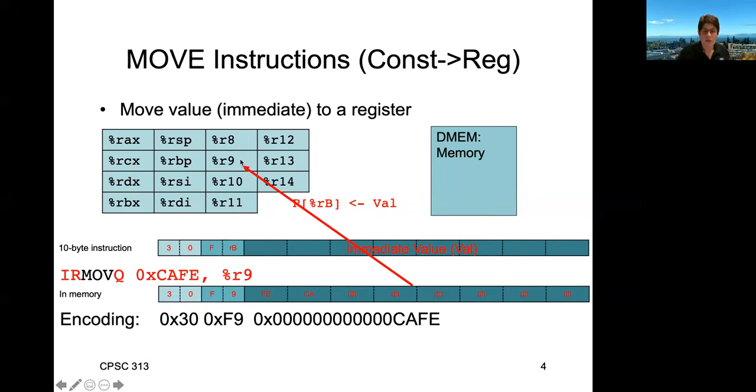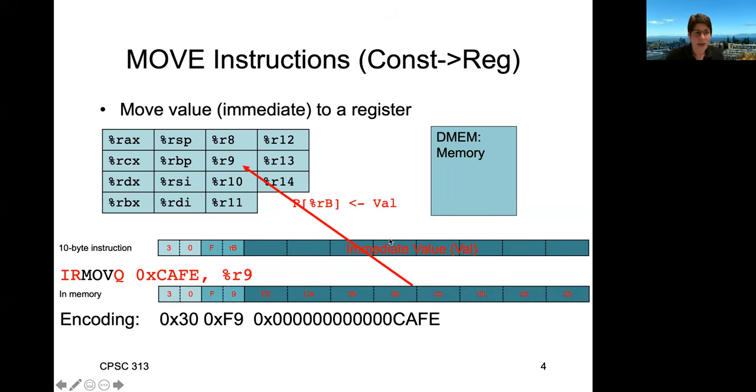Our next instruction is going to let us initialize a register with a constant value. This is called IRMOVQ, for move immediate to register, move Q. The Q stands for quad word. Using our same notation, there is some val, which will be expressed as an 8-byte constant in the instruction.